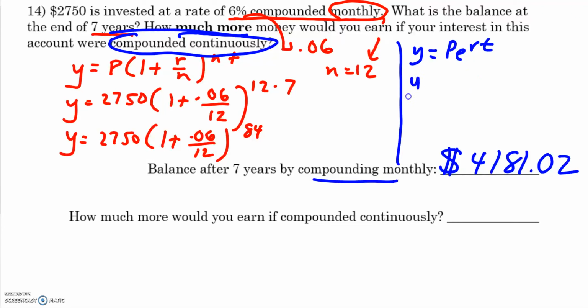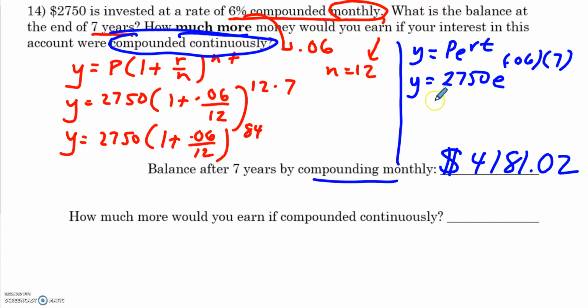So this time, my principal value is still 2,750, but the calculation's a little easier because it's e to the rate 0.06 times the time, 7 years. So in your calculator, you would take e to the 0.06 times 7, and then multiply that by 2,750.